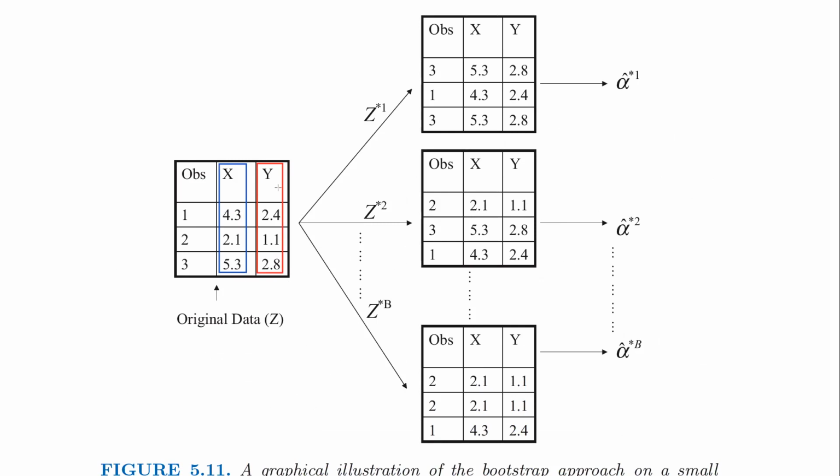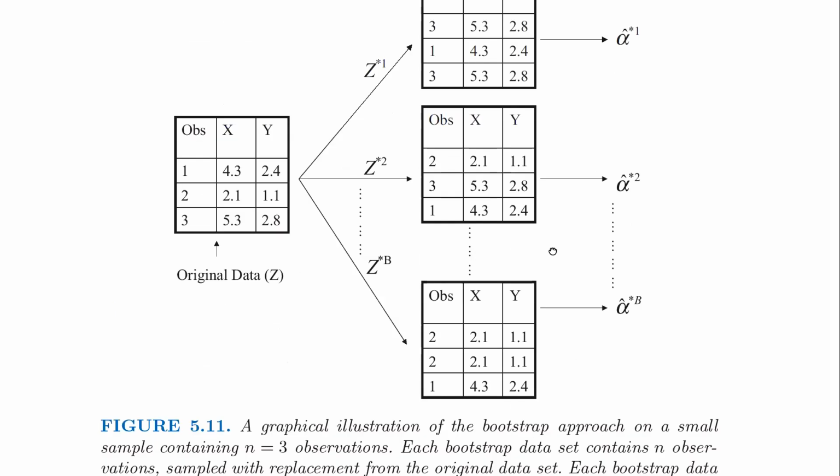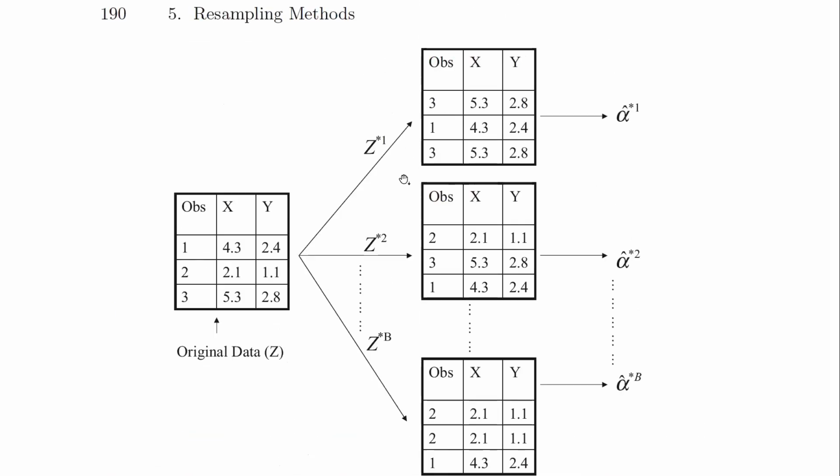And we're generating what is each one referred to as a bootstrap data set. So over here, the sampling is without replacement, so with replacement, excuse me.